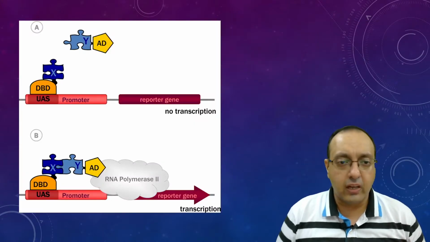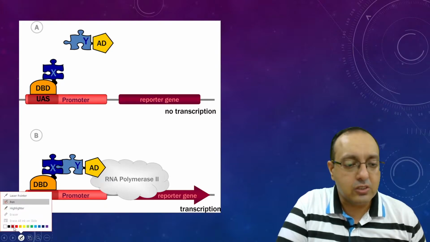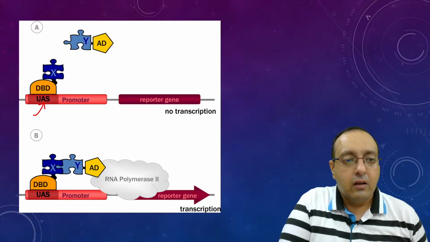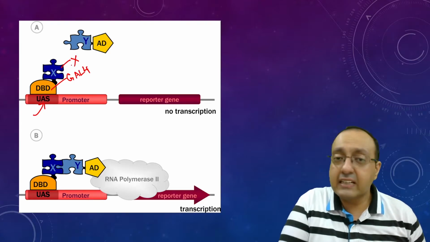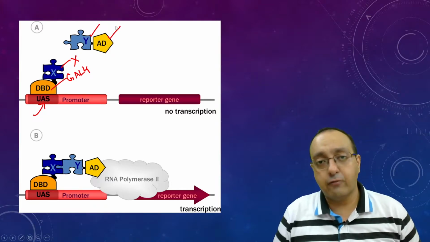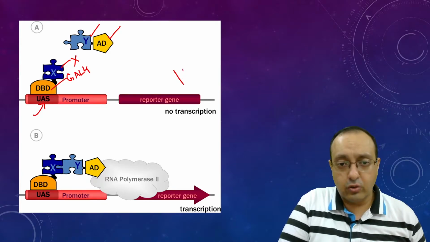Here it is shown in a very schematic way. We have the UAS sequence, which is the binding site for GAL4, where the DNA binding domain of GAL4 fused to protein X binds. Here is protein Y fused to the GAL4 activation domain, and if they don't interact, as in this case, there is no transcription.